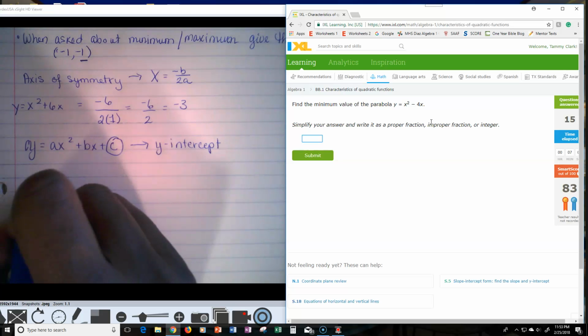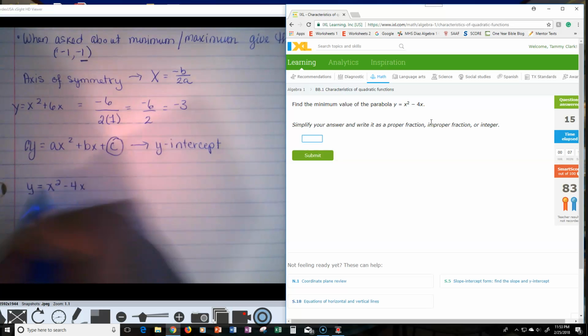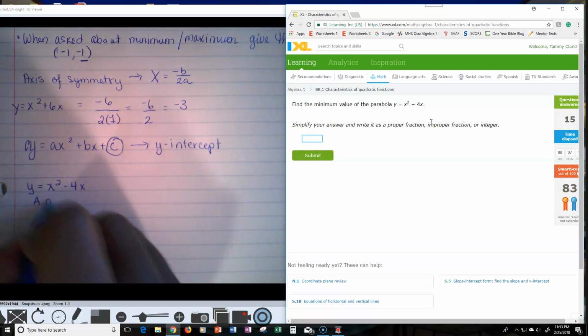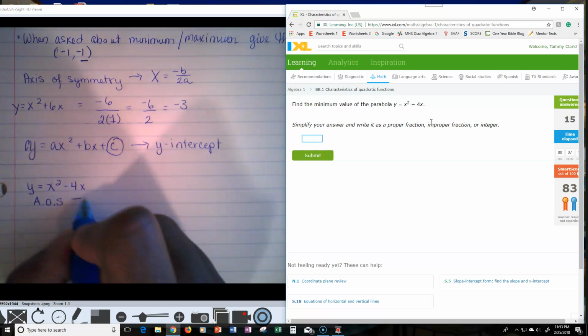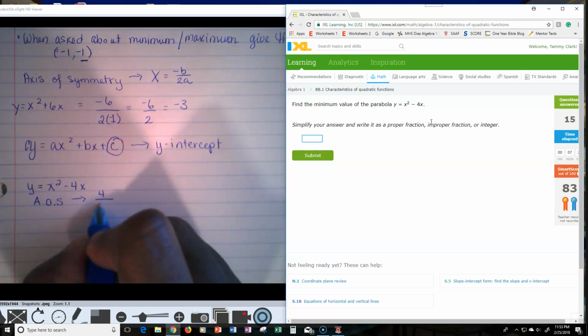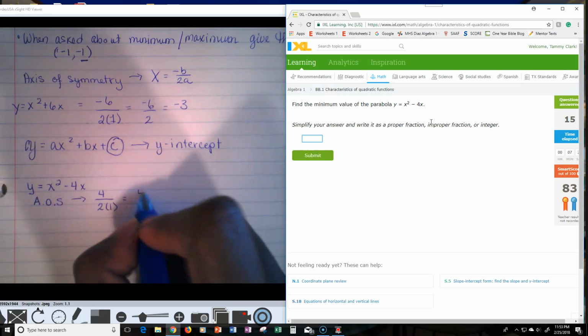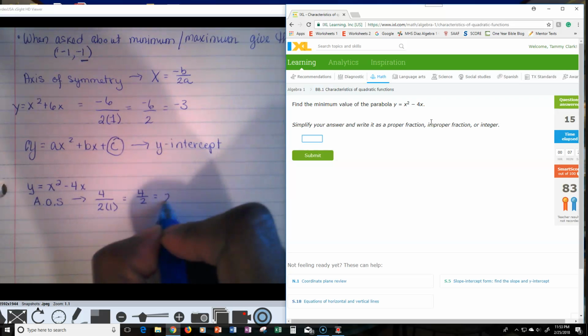So we've got y is equal to x squared minus 4x. So the first thing we're going to do is find the axis of symmetry. We know that that is the opposite of b divided by 2 multiplied by a. So we've got 4 divided by 2, which is 2.